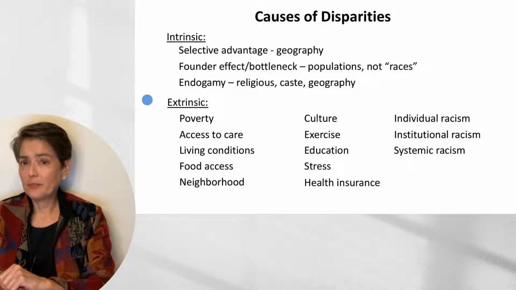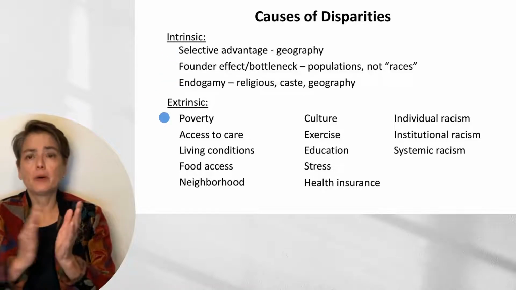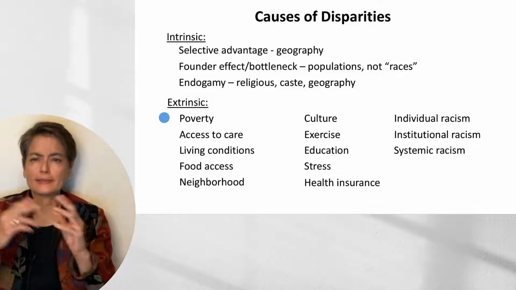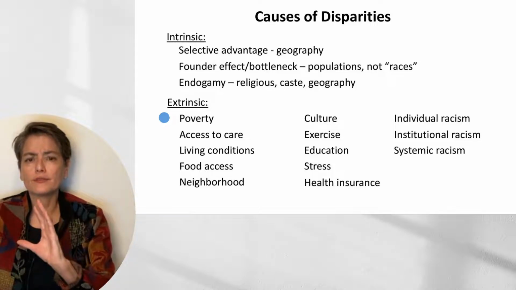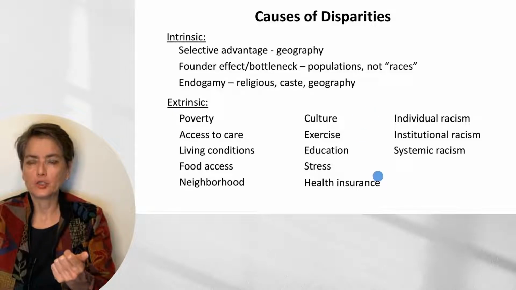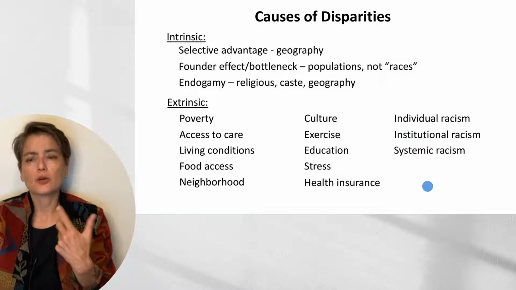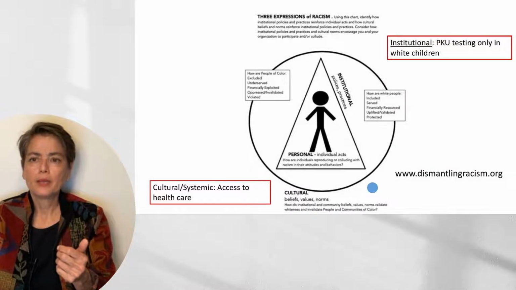So what is the big driver of health disparities? Because it's really not these genetic causes. It's the extrinsic causes. It's poverty, access to care, food access, neighborhood, stress, health insurance, and overlaid and permeating all of these are individual, institutional, and systemic racism. So let's talk briefly about this concept. I'm sure that you're all aware of this, but it's always good to get on the same page.